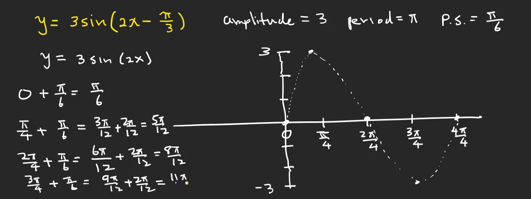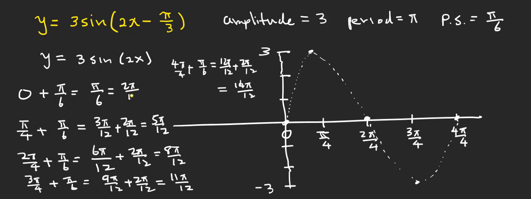That's 11 pi over 12. And then finally, 4 pi over 4 plus pi over 6. That's going to be 12 pi over 12 plus 2 pi over 12. And that is 14 pi over 12.